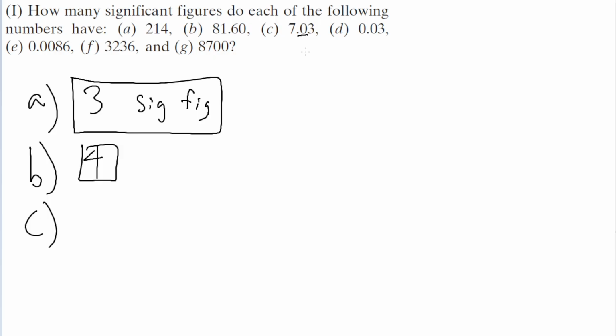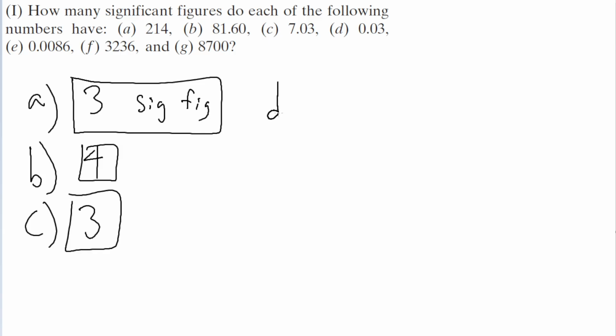One rule for significant figures that is fortunately pretty straightforward is that regardless of whether or not the number has a decimal point, any zeros that are sandwiched between other non-zero digits will be counted as significant. So because there's a 7 to the left of this 0 and a 3 to the right of it, we count this 0 as significant. So once again, all three digits here are significant.